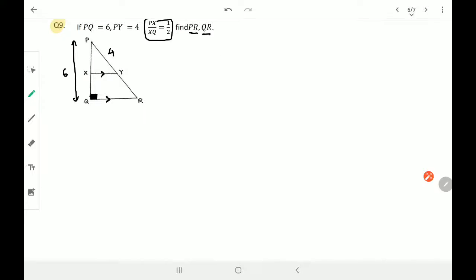So anyway, I'll use BPT, that is PX upon XQ is equal to PY upon YR, right? PX upon XQ is directly given, that is 1 by 2. PY is 4. I can get YR, in fact.